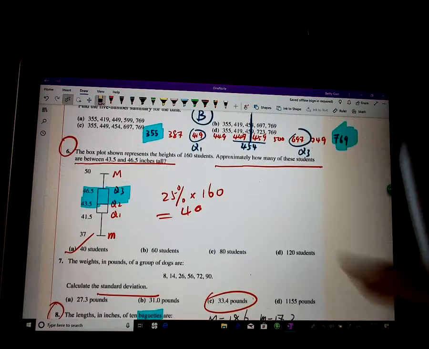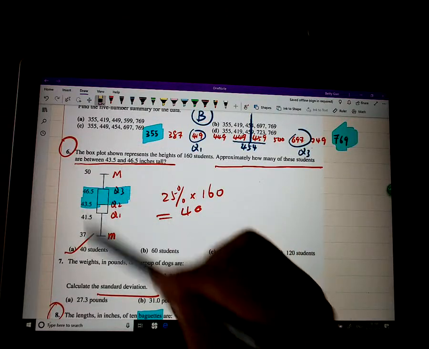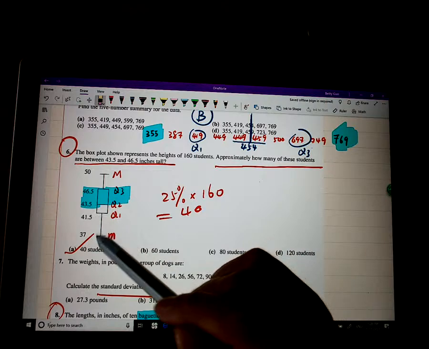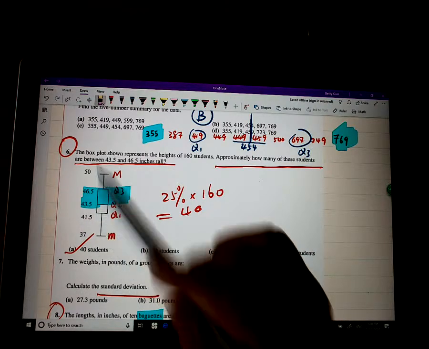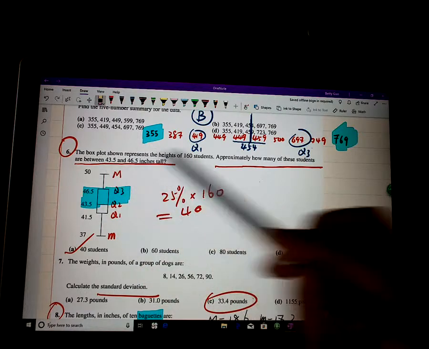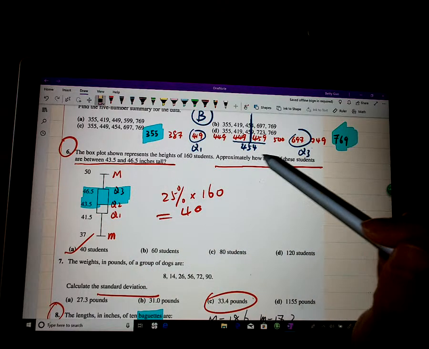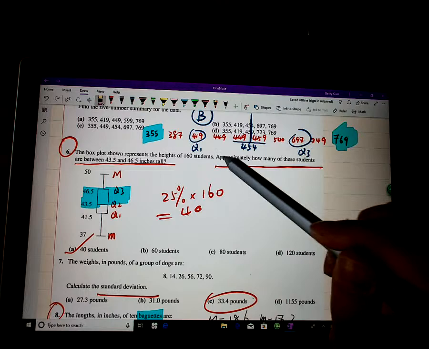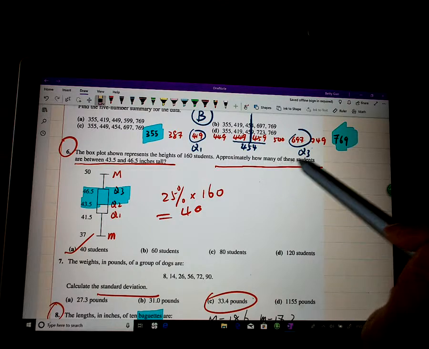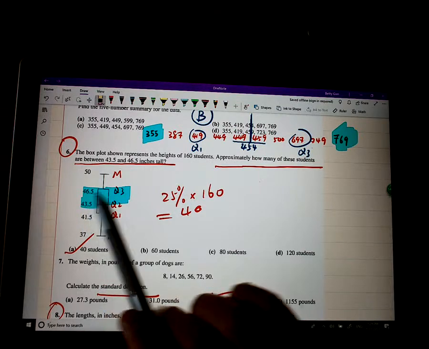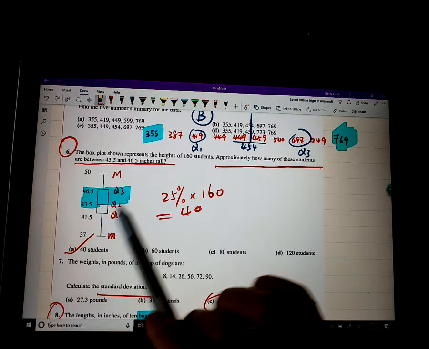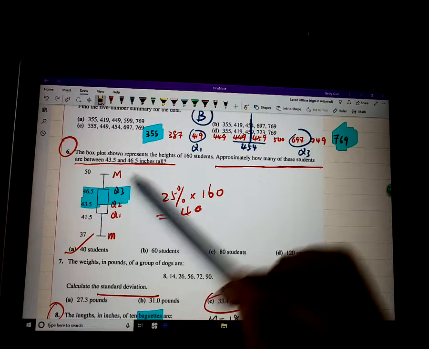Number 6, you are looking at a box plot. It's just that this box plot goes vertically. You need to approximate how many of these students are between 43.5 and 46.5, between Q2 and Q3, right?